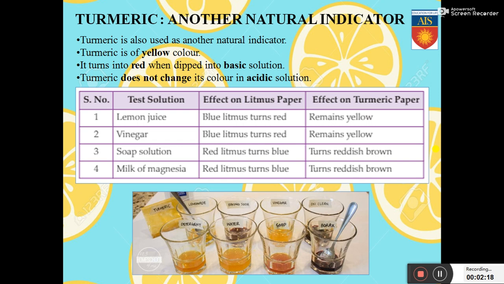Third is soap solution. Now we know soap solution is basic in nature. It turns red litmus blue and turns the yellow turmeric paper reddish brown. And milk of magnesia turns red litmus blue since it's also a base and turns the turmeric paper reddish brown. You can also do it with turmeric solution. Same for litmus paper versus litmus solution. The same thing for turmeric as a natural indicator as well.